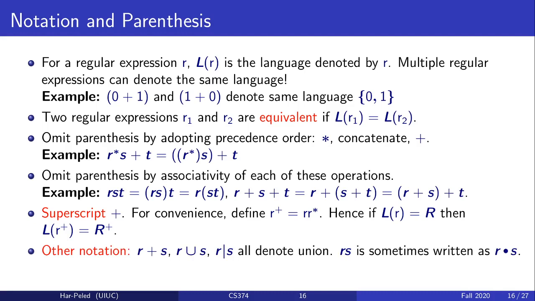Okay, now there are going to be a lot of equivalent ways to write the same thing, right? So for the union operator, we either use R plus S or R or S or R vertical line S, all three ways of writing logical or union.